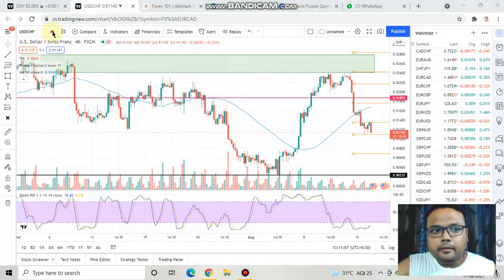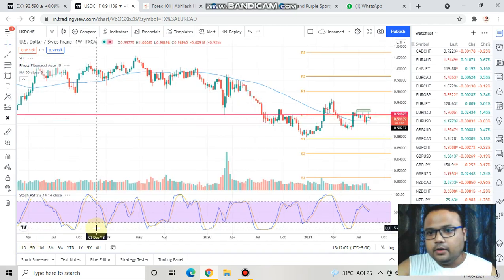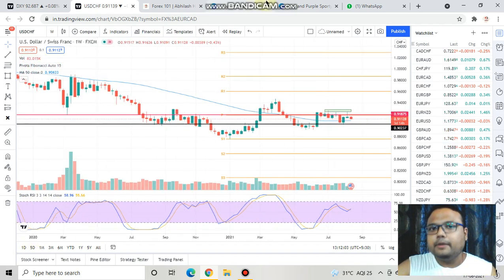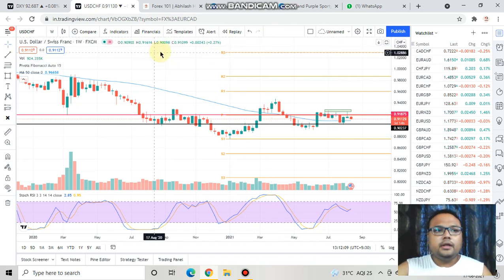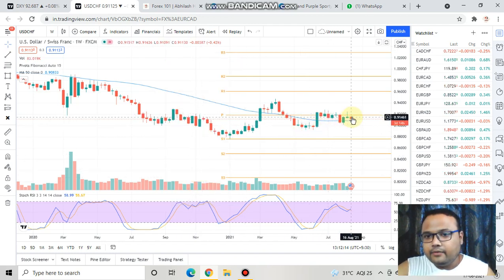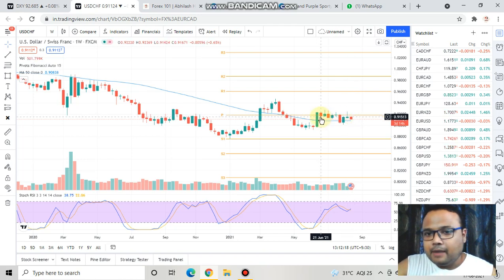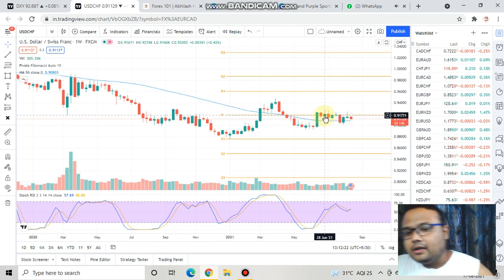When we go to the weekly chart, as we all know, the weekly chart is important for the market because it belongs to the institutional traders, the big players, the big boys. On the USDCHF weekly chart, we can see that we have a resistance here, and the market has been unable to cross the resistance since the last week of June.